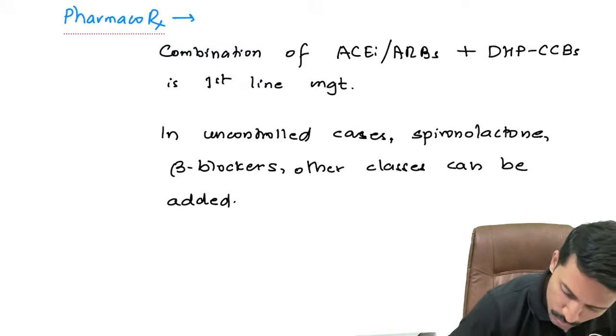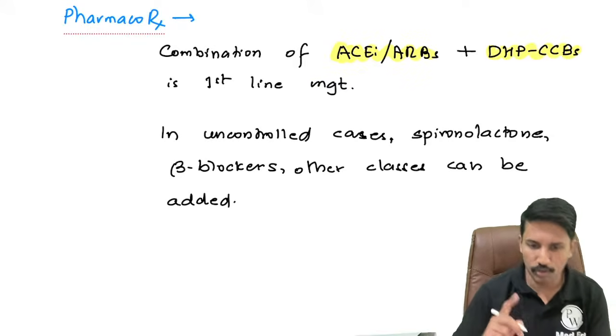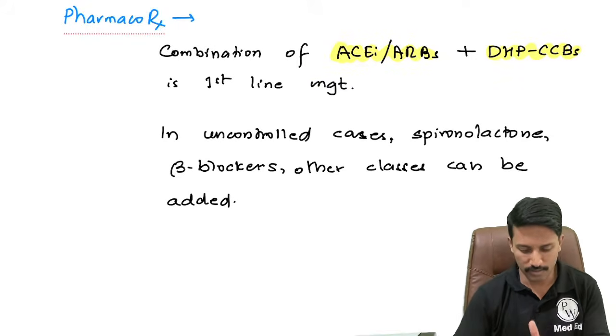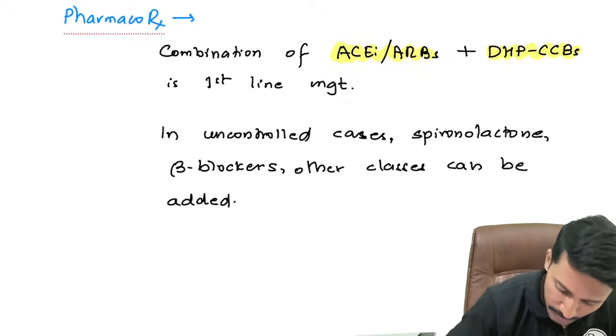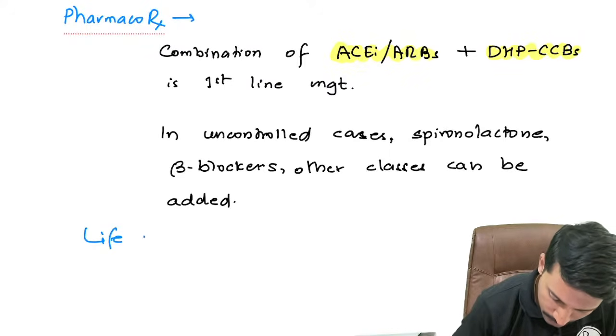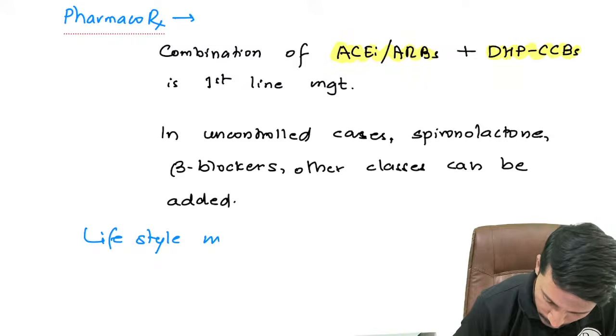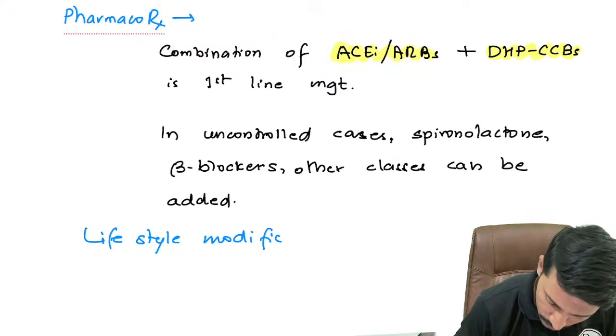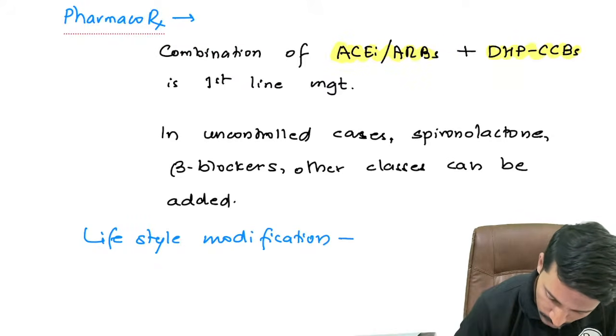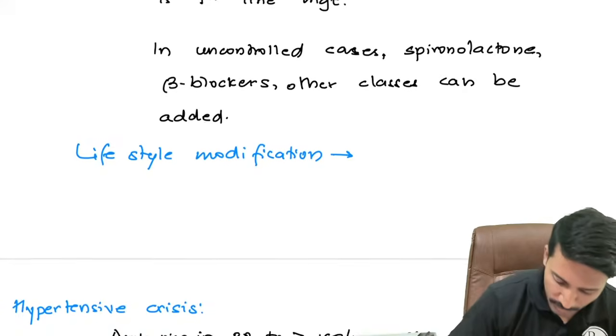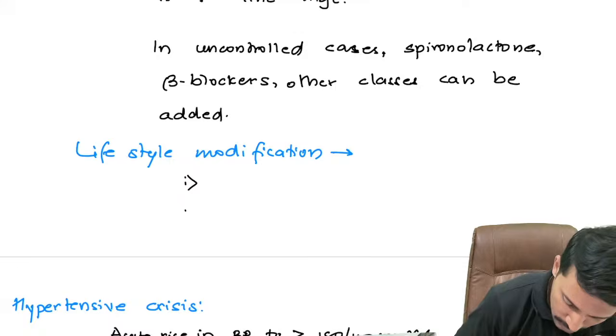So at least this much you should be able to write, that the first line is a combination of ACE inhibitors or ARBs and dihydropyridine calcium channel blockers. Okay, this is pharmacotherapy. What is the recommended lifestyle modification? There are two or three recommendations you should mention. First, salt. Second, diet. Third, exercise, right?